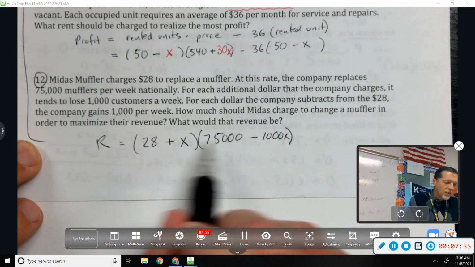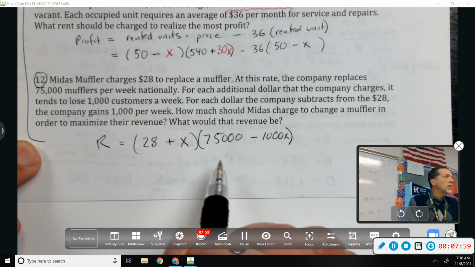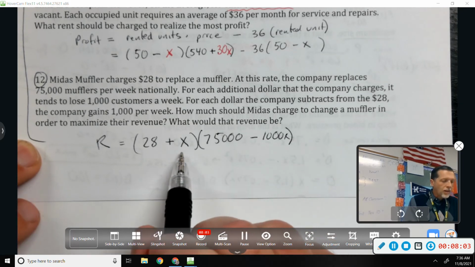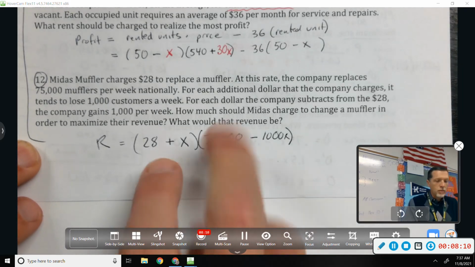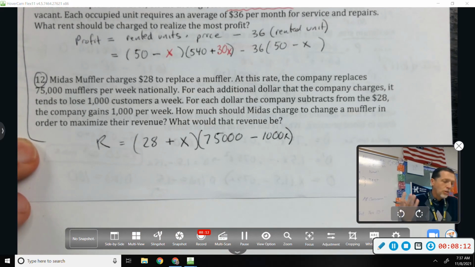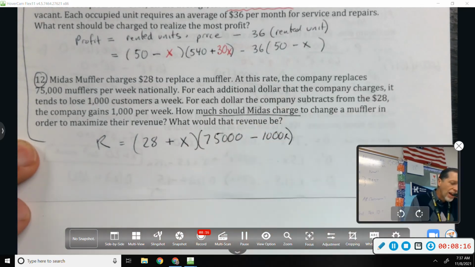Basically it just says this will work either direction. X can be positive or X can be negative. We don't even know which way it goes. You can set it up either way, and then you have to be careful because if you're comparing with a friend, you might get X equals positive 3 and they have X equals negative 3, but if they set it up differently, you should still land at the same spot with how much they should charge. That should be the same answer.